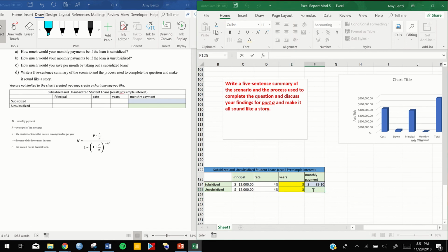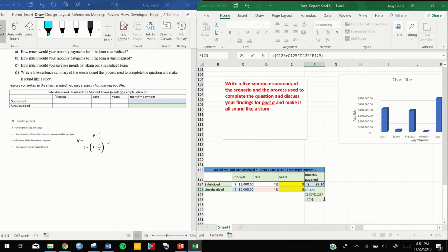So let's see what this looks like. All right, equals the principal. What is the principal now? It's not just $12,000 because now it's the principal plus the interest, right? So it's the principal plus the principal times the rate times the time. That's our new principal, the principal plus the interest.